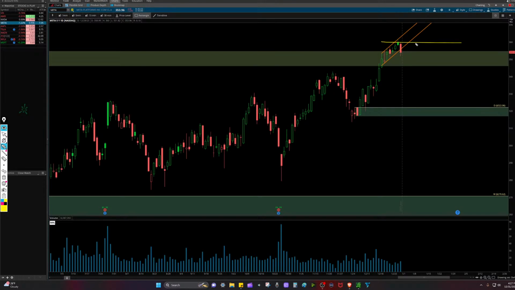I don't want to chase anything below this or trade anything below this. I want to trade all the bullish signs above 360 for a break and retest of this level. 360 would be my target level. So let's see.